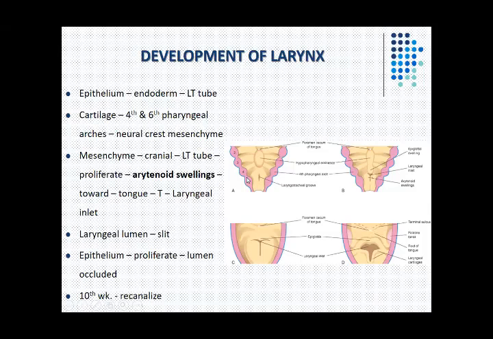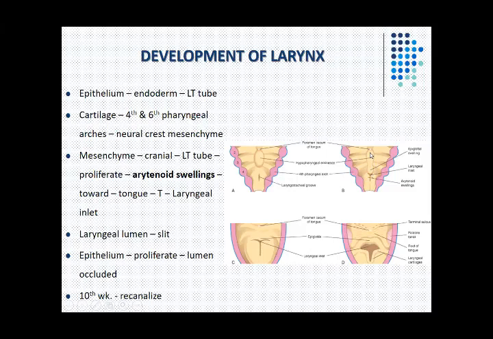So neural crest cells give rise to this mesenchyme at the fourth and sixth arches, and this neural crest mesenchyme then develops into the cartilages of the larynx. ठीक है? अब ये जो mesenchyme है, इसका laryngotracheal tube अब यहाँ से बनेगा. All this part is the laryngotracheal tube. So इसका ये cranial end है.